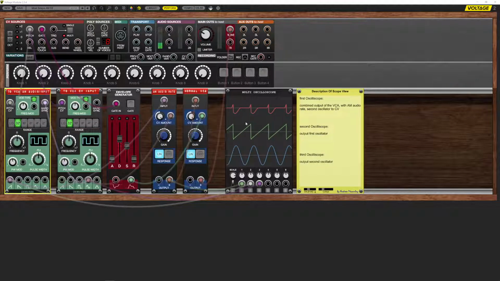How does this sound? Also, I have attached the hard sync, and I shall detach it also so you can hear the difference. Now we get some sound.